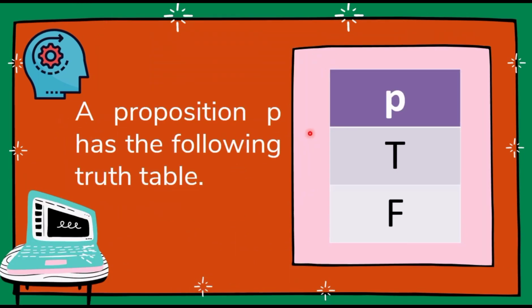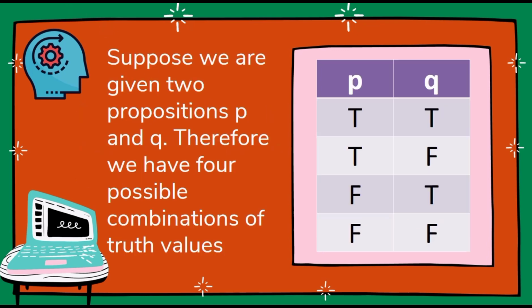A proposition P has the following truth table. Proposition P: true, false. Suppose we are given 2 propositions P and Q, therefore, we have 4 possible combinations of truth values.